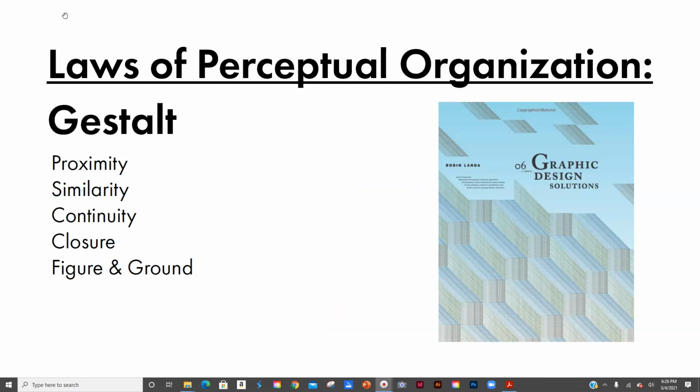And lastly, remember there are, depending on where you look, different principles of Gestalt. I did a summary of these principles based on Chapter 2, page 29 of Graphic Design Solutions by Landa.